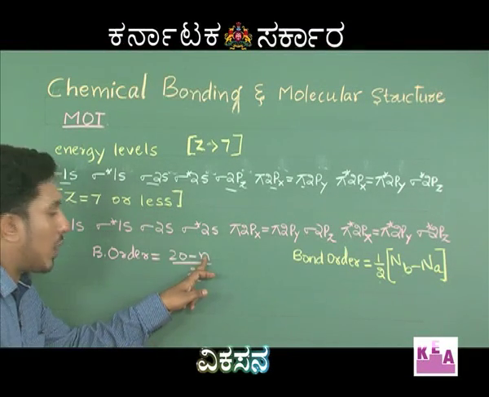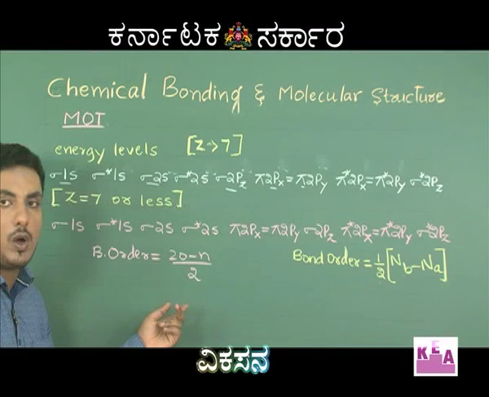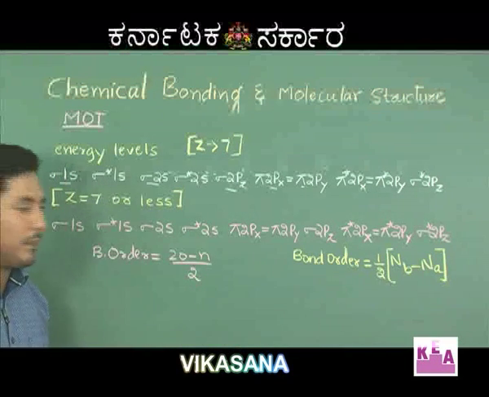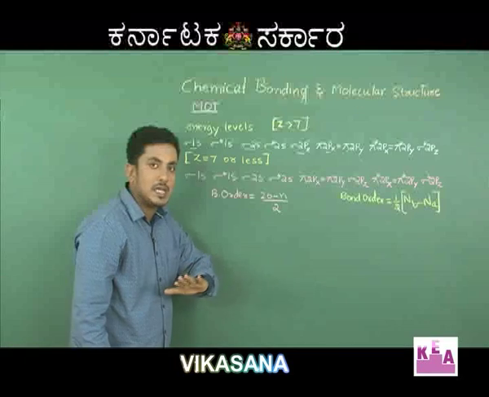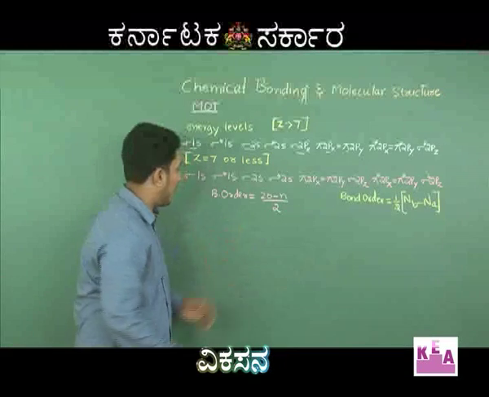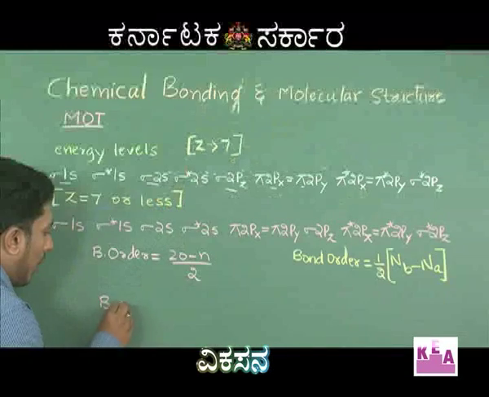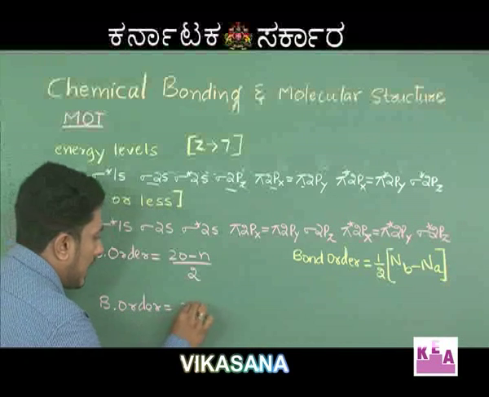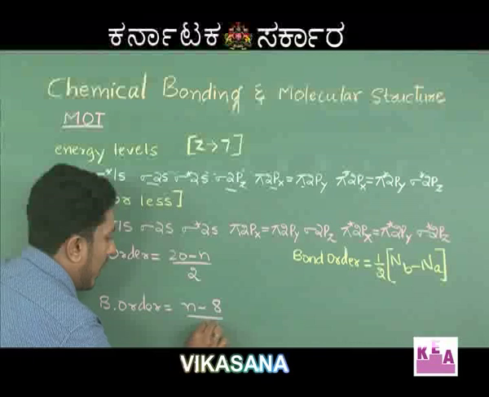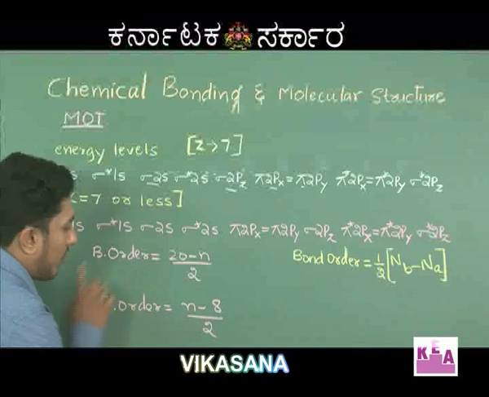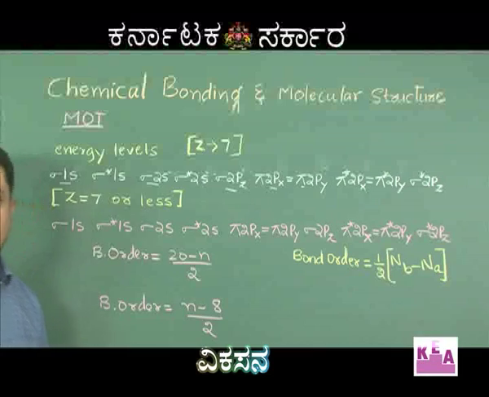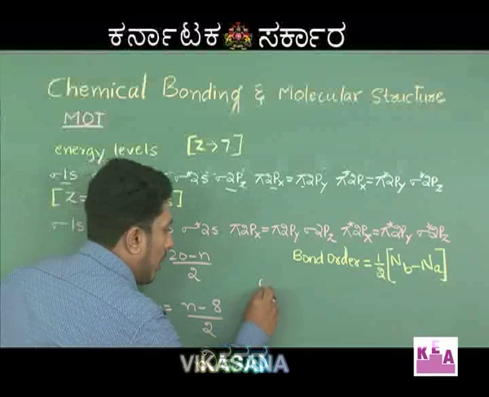If the number of electrons is greater than 8 and less than 14, then the bond order can be calculated as n minus 8 divided by 2, where n is the total number of electrons. Let's take an example of the oxygen molecule.